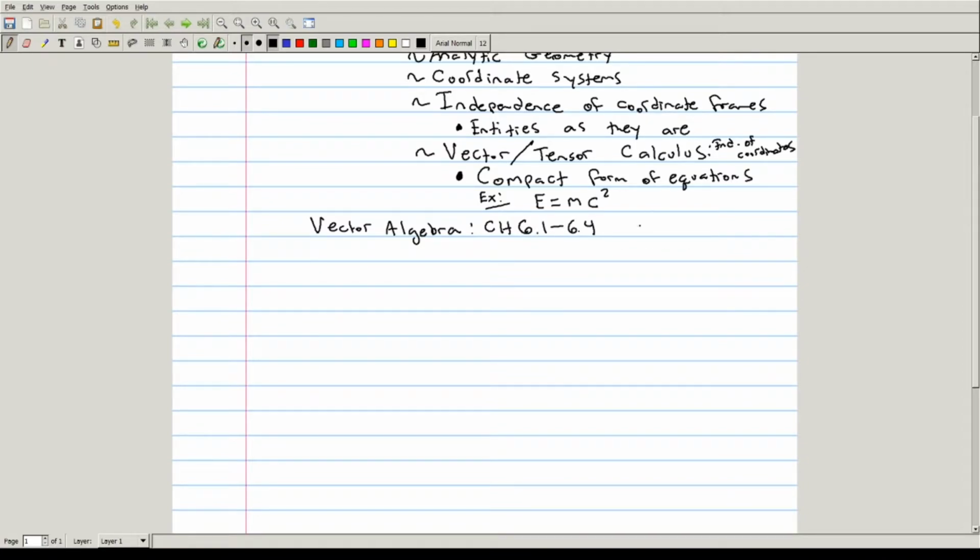This is the dot product and the cross product for vectors in 3D. And you're going to want to review that and at least be familiar with that material going forward.